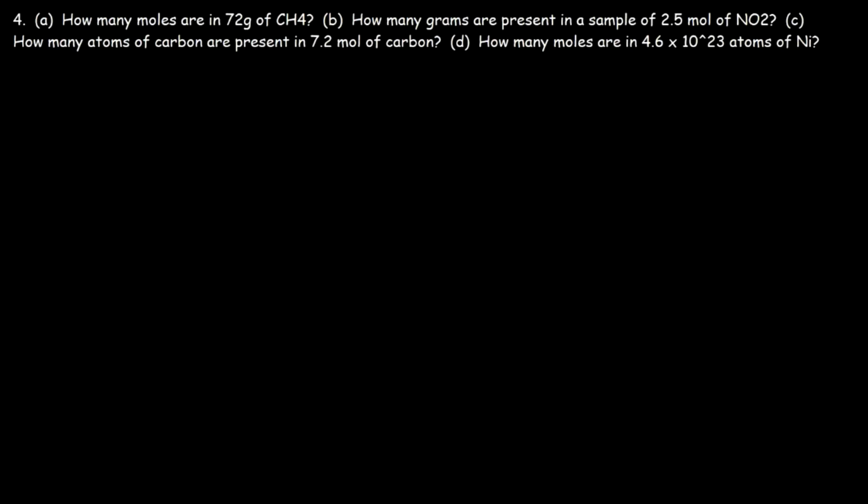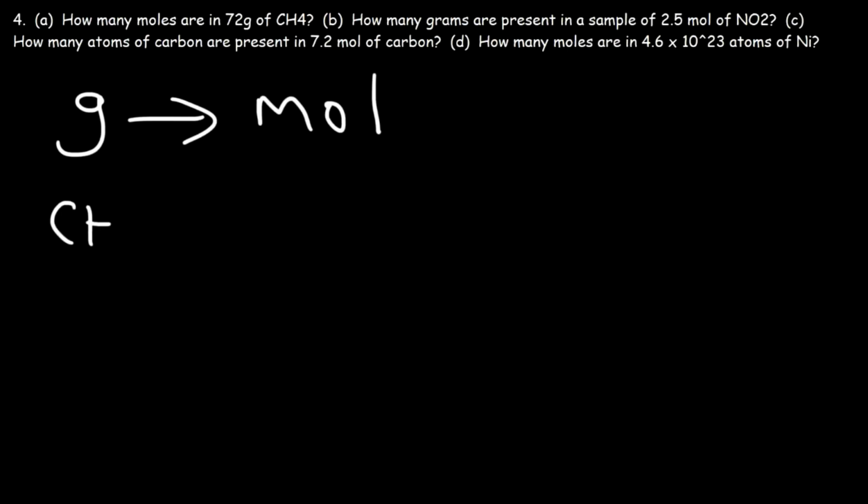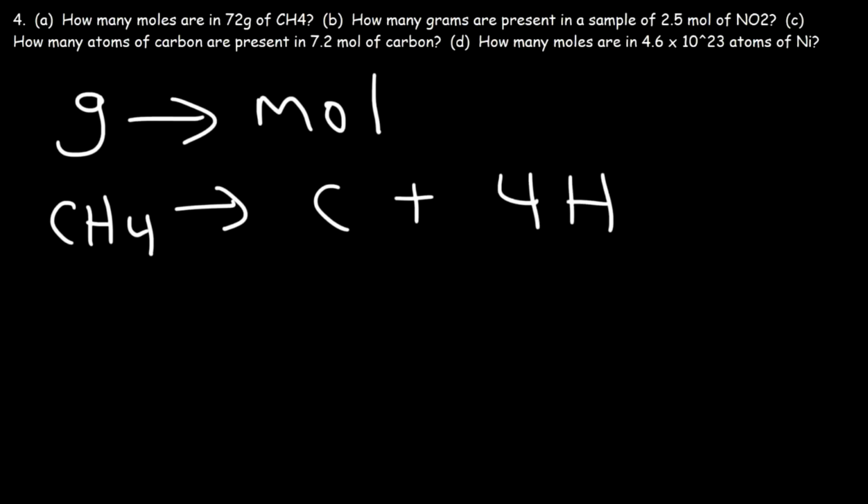So let's work on part A. How many moles are in 72 grams of methane? What we need to do is convert grams to moles. And the only way we can do that is by using the molar mass. So that's the first thing we need to do. We need to find the molar mass of methane. Methane contains 1 carbon atom and 4 hydrogen atoms.